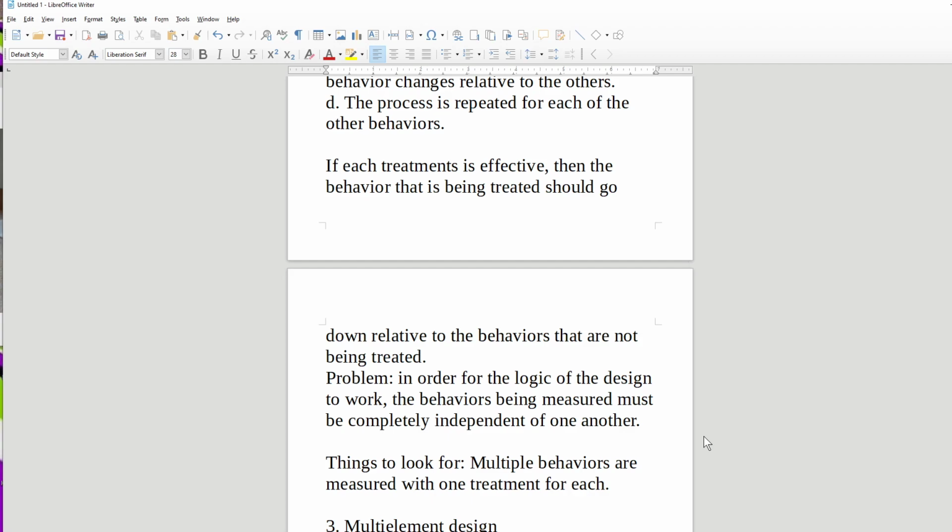This process is repeated multiple times for each treatment that is being tested.